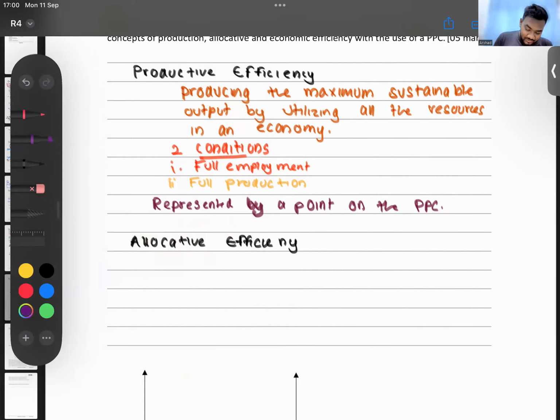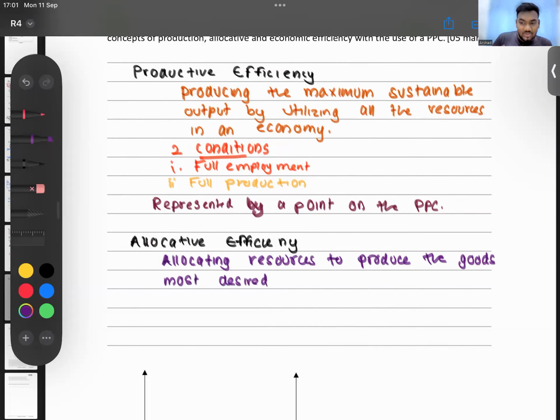So allocating resources to produce the goods most desired by the society. Based on society's preferences, you're allocating and producing the most desired goods and services.